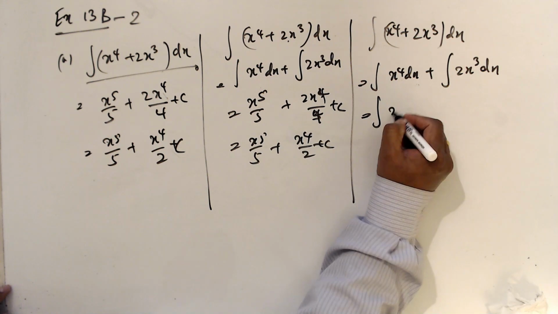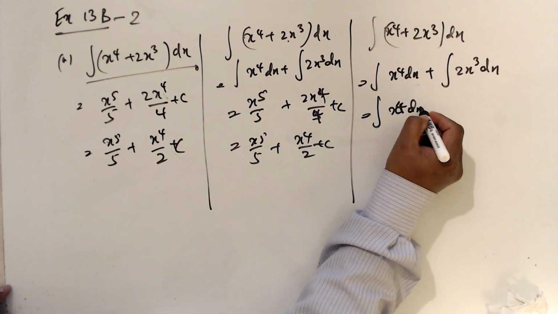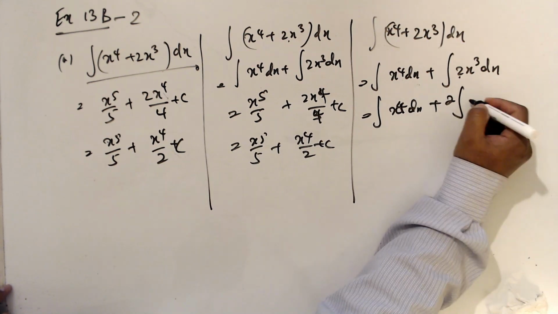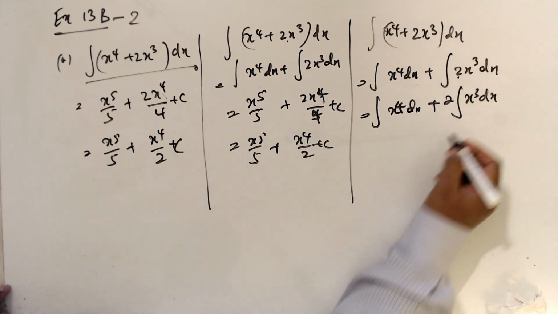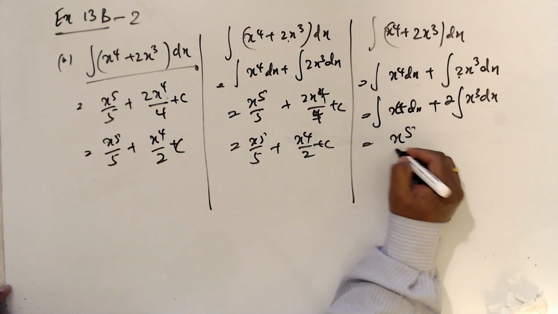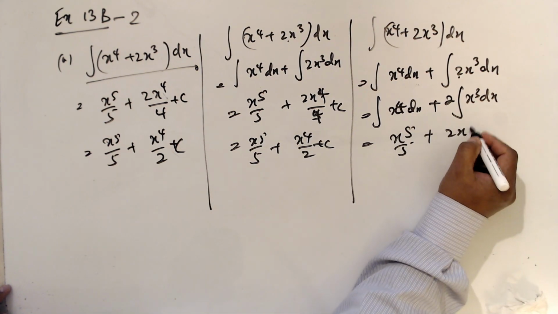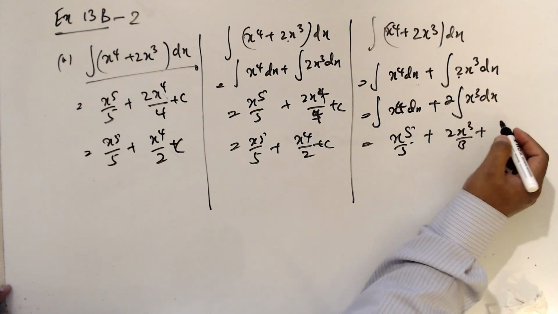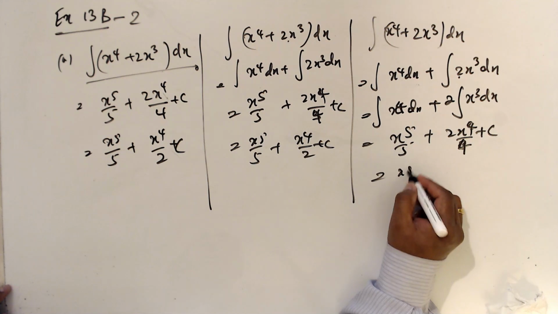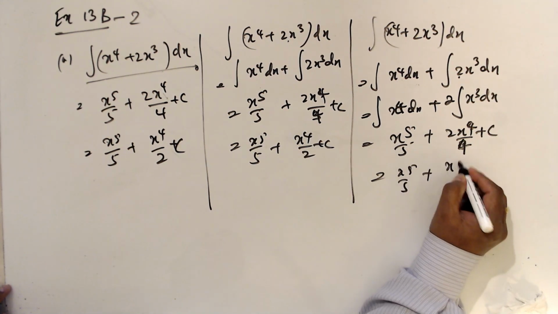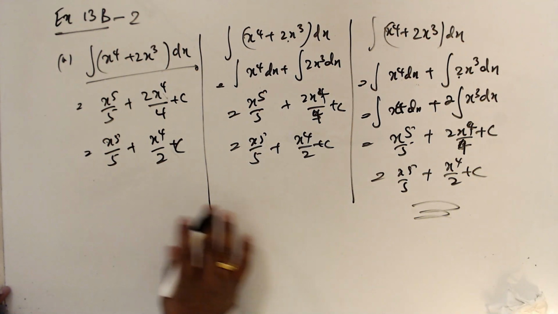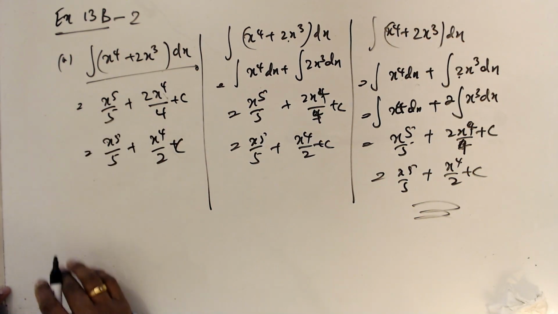Now x^4 dx, and this is a constant, so we take the constant out. This is the best way of writing it. So x^5 over 5 plus 2x^4 over 4 plus c, so this is x^5 over 5 plus x^4 over 2 plus c. It doesn't matter if you can manage with this one.